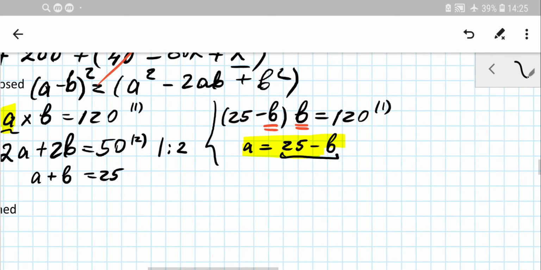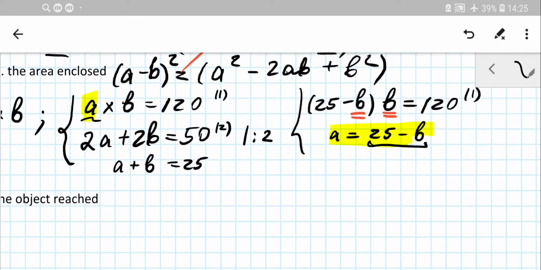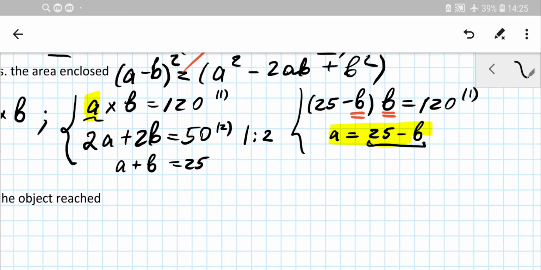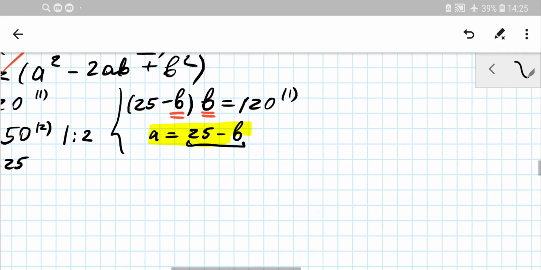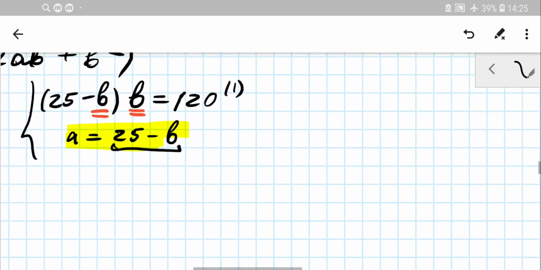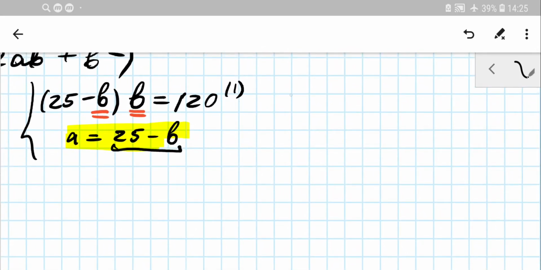Elimination doesn't work well in this case, because it works best when you have linear equations. Here, obviously, we've got a quadratic equation.